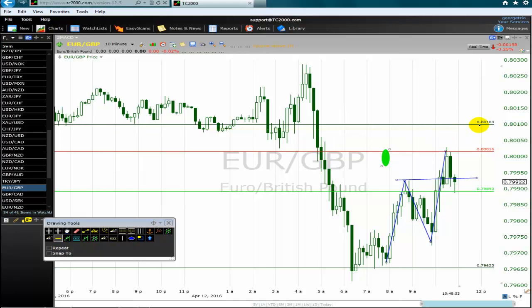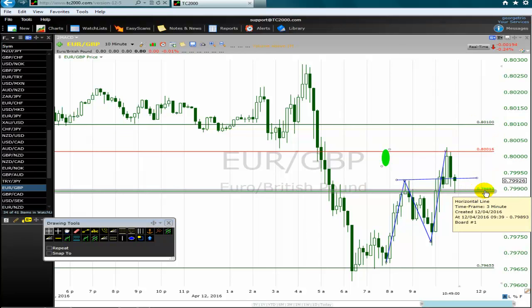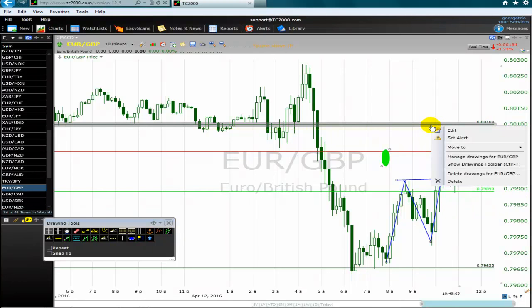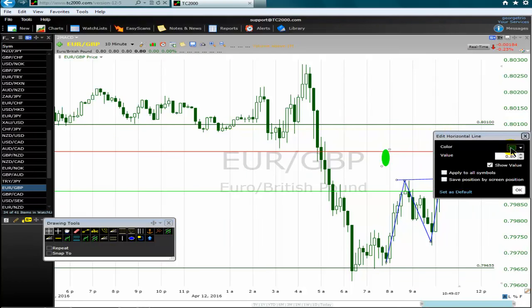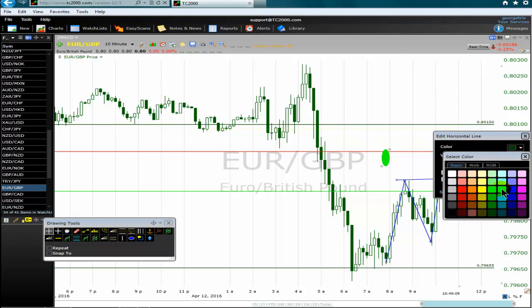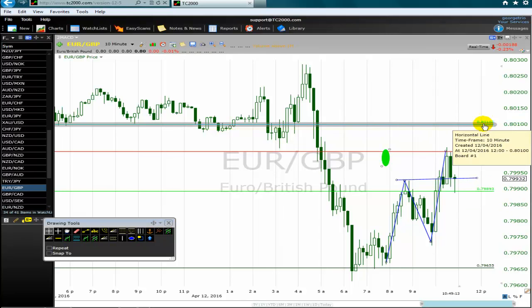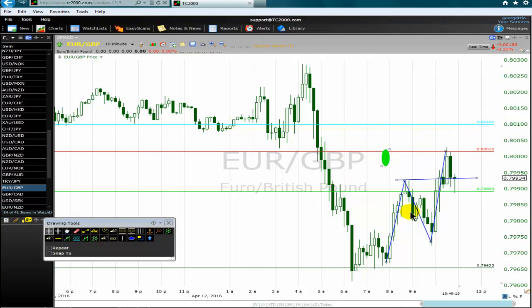Place my stop loss right here at 8010. We enter the trade at 7989. Placing my stop loss. Color my stop loss in turquoise at 8010. That's my stop loss. 21 pips for this trade.